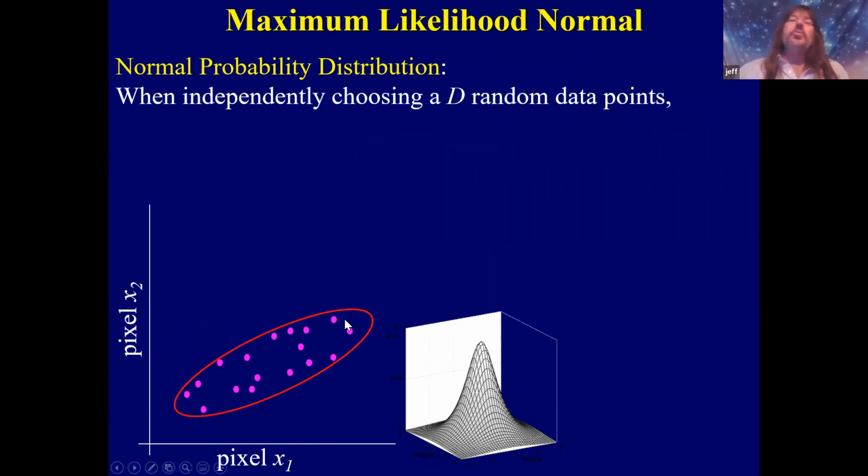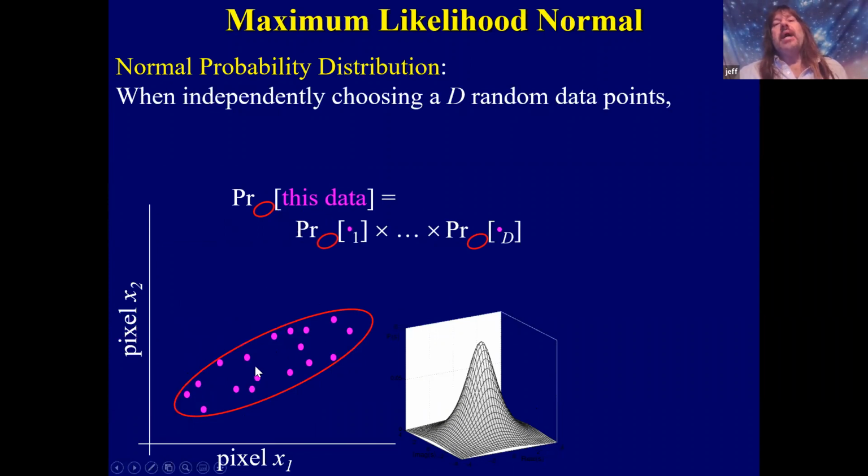what we're going to do is we're going to have a particular ellipse, a particular definition of a distribution, and then we're going to choose D data items independently, right? Each of these are chosen independently according to the same distribution, and we can ask, what's the probability that we get this data, right?